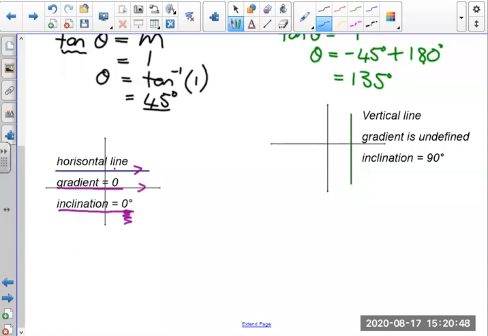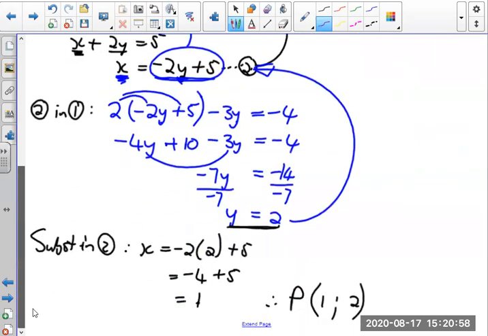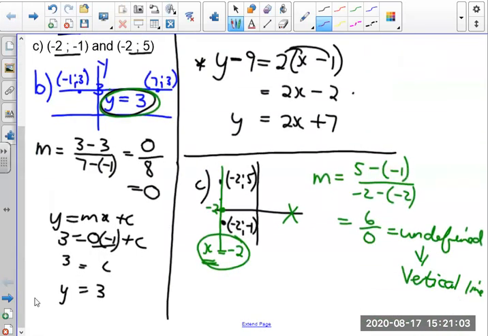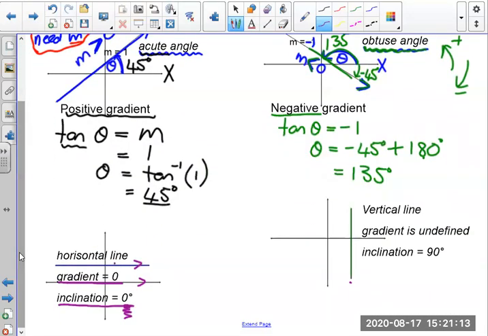If you look at the vertical line, and I ask you the inclination of this green line, you remember from last time and from what I did here. The vertical line has an undefined gradient. So if you have a vertical line, the gradient is undefined.